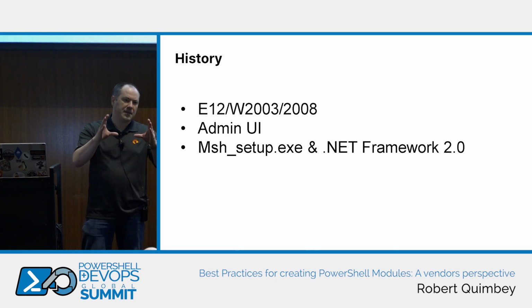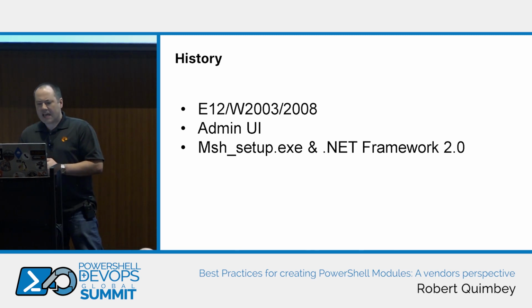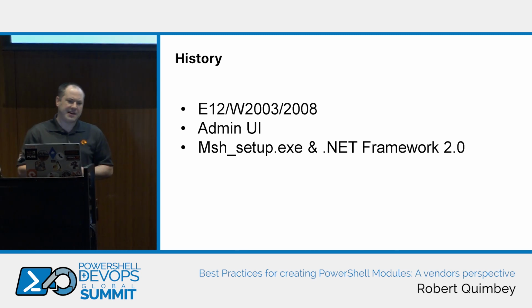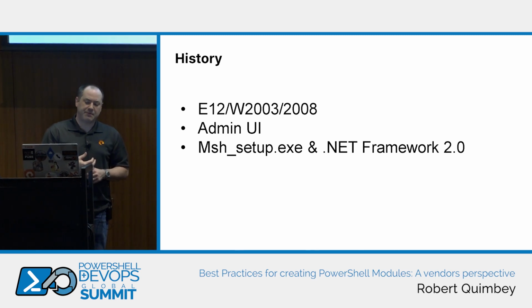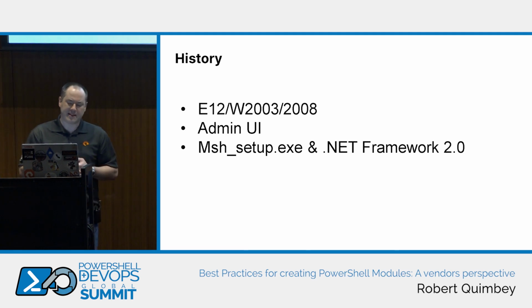It was a custom tool, and that tool would get installed. You'd load it, and through this app, you'd go and manage everything, right? And what we had to do before we shipped is install the .NET Framework 2, which didn't ship with Windows, and then we'd install MSH setup, and that would get us this version of what was called Monad at the time.